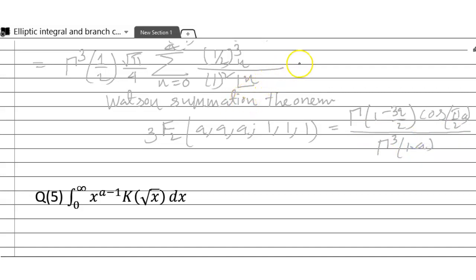And it can be written this way: gamma cube 1 by 2, pi by 4, 3F2 half comma half comma half, 1 comma 1 comma 1.